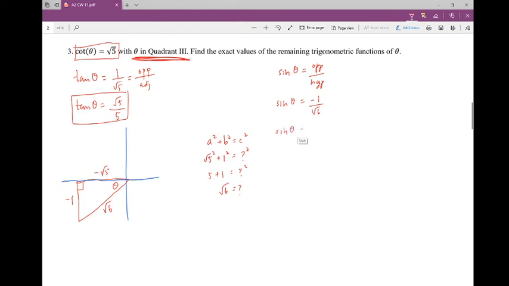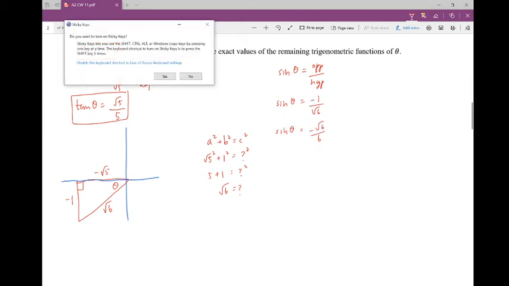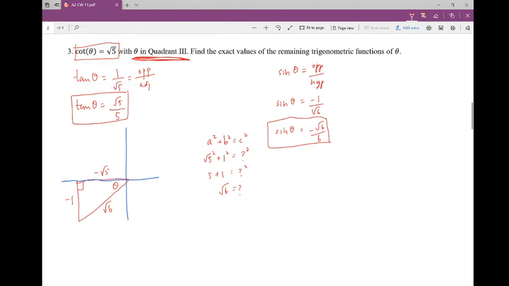And if we rationalize the denominator, we would get negative square root of 6 over 6. Since we know sine, we can get cosecant of theta by flipping over this value. Now it seems easier to flip this value instead of the second value, so I'll just flip this value instead, and I get negative square root of 6.